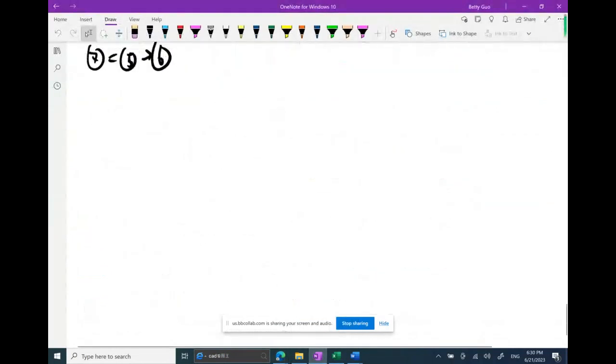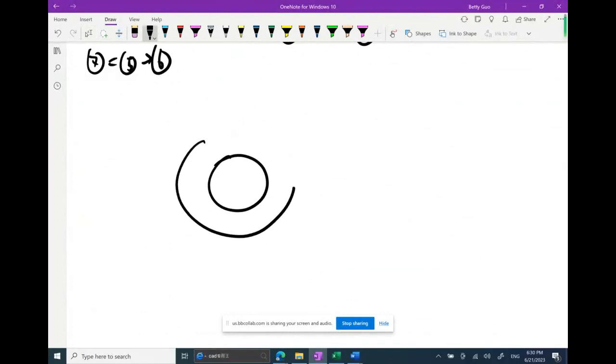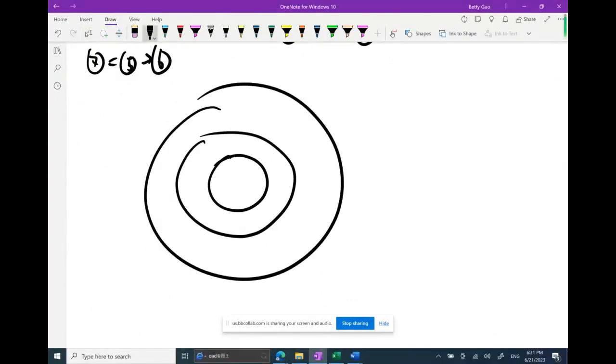That one is pretty consistent with our instinct. So this is forks, F-O-R-K-S, and this is silverware, W-A-R-E, and the bigger circle is things that are dishwasher safe.